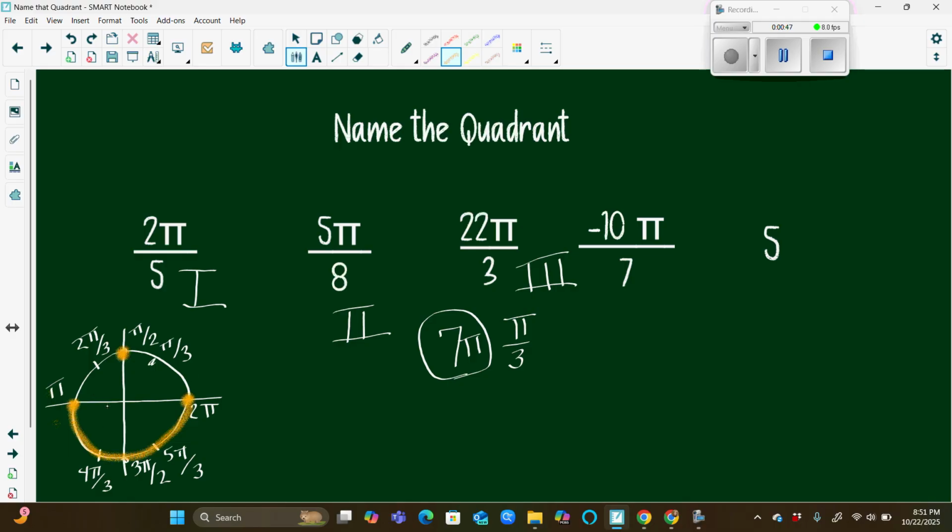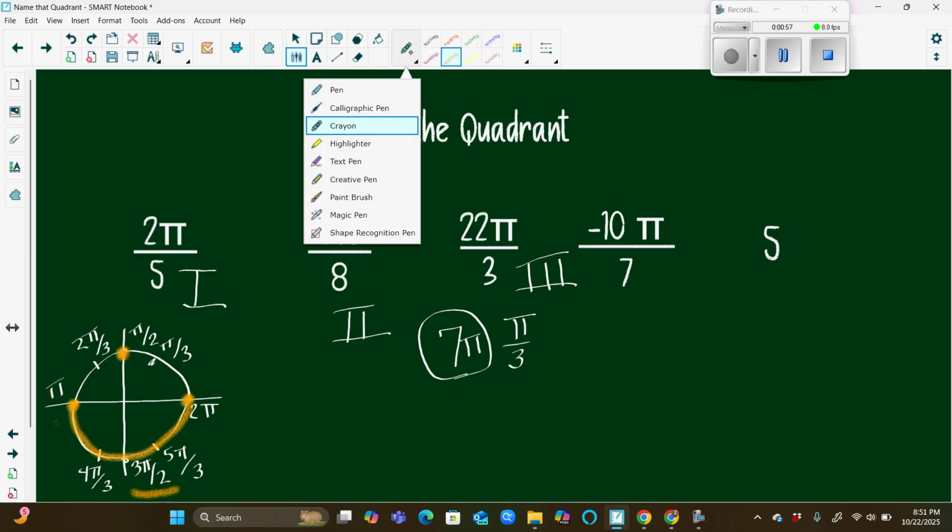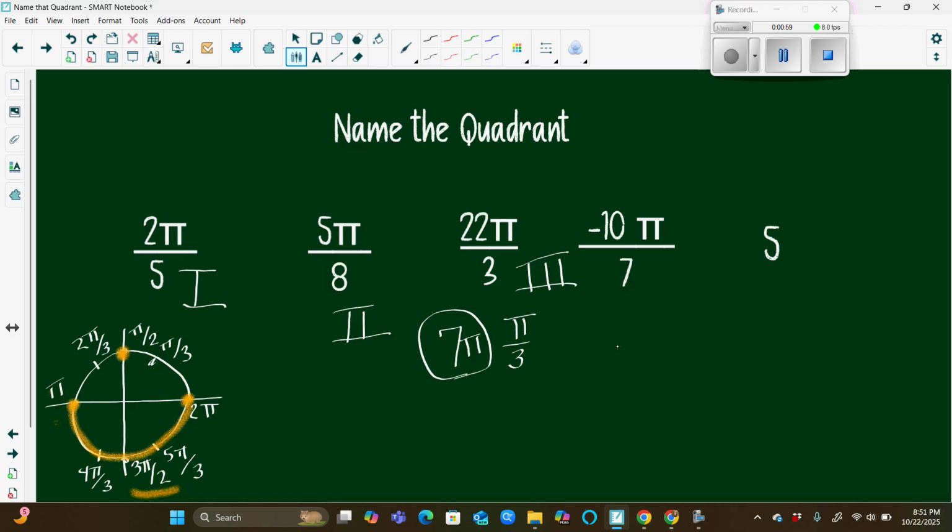Now I need to figure out though if positive 10 pi over 7 is going to be in the third quadrant or the fourth quadrant. So what I want to do is compare it to 3 pi over 2. So 7 goes into 10 one time with 3 left over. So think of that as being like 1 3/7. When I'm comparing to this 3 pi over 2 at the bottom of my circle, 2 goes into 3 one time with 1 left over, so that's 1.5.